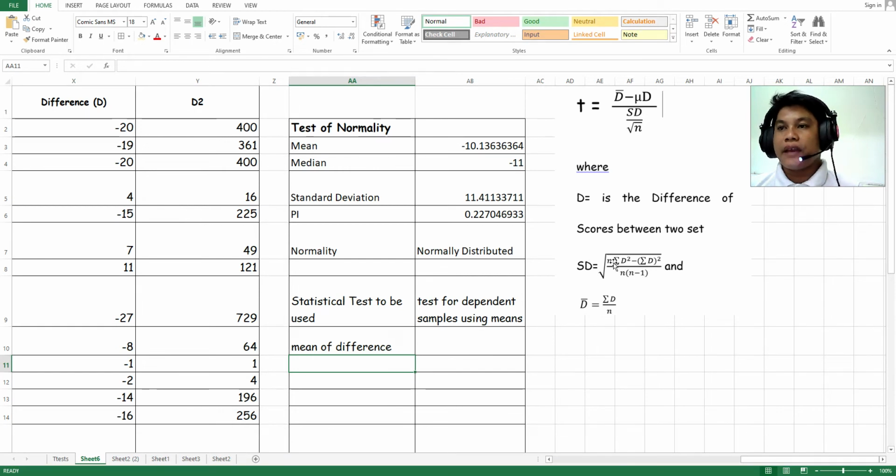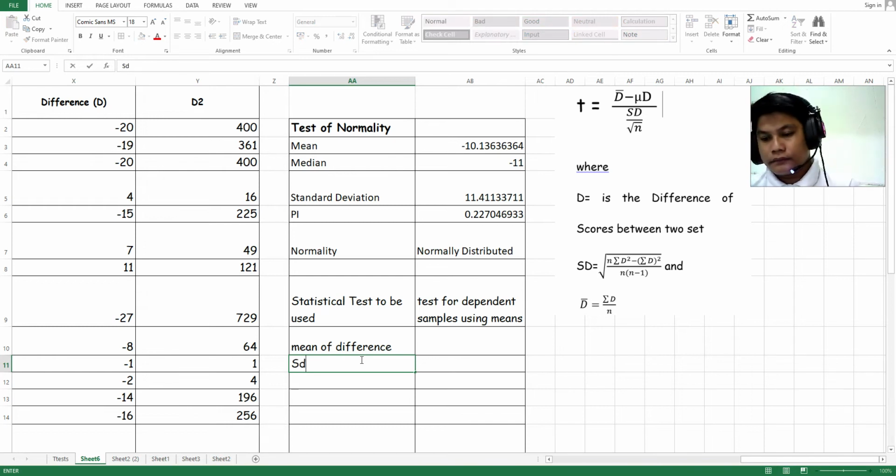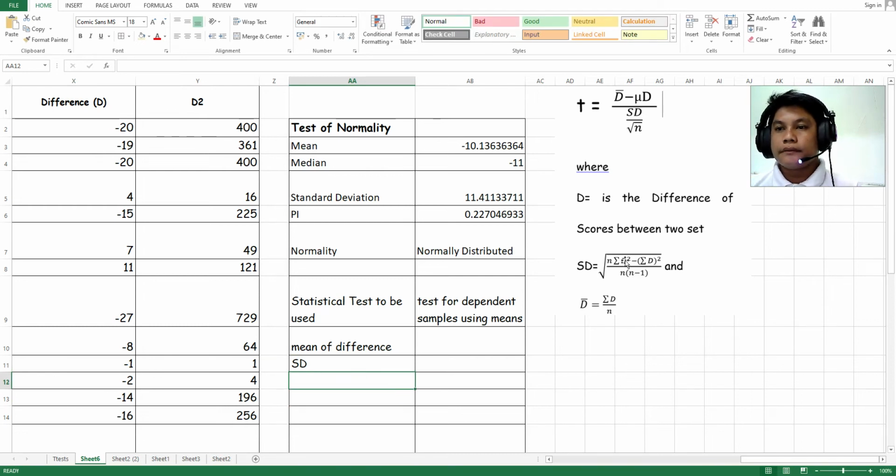I mean the standard deviation of the difference. So you can say SD. Okay. And so again, this formula is the standard deviation of the difference column. So that's SD. And then bar D is actually the mean of the difference.